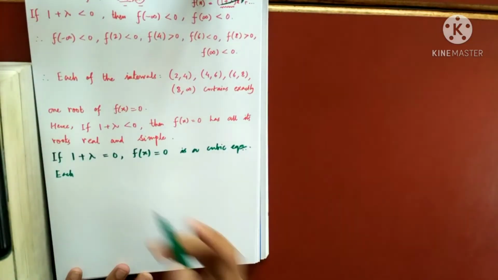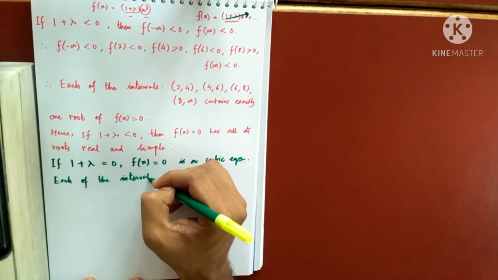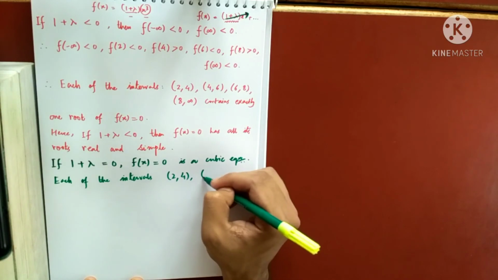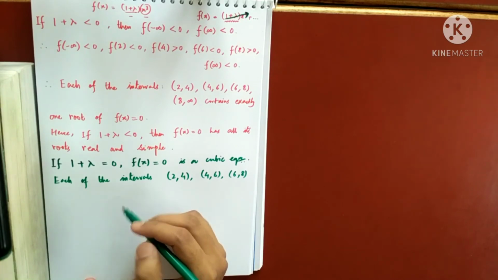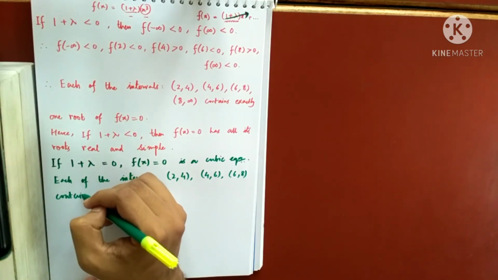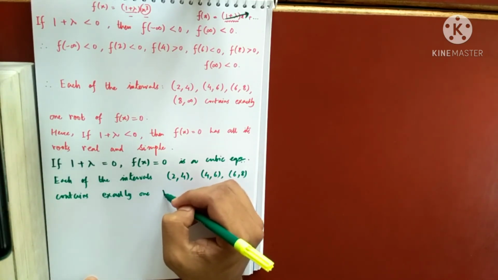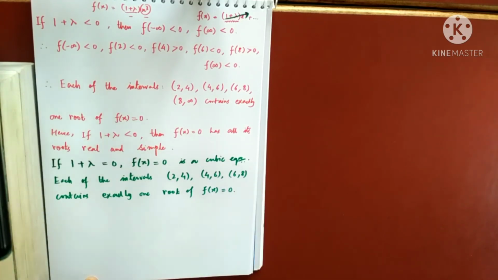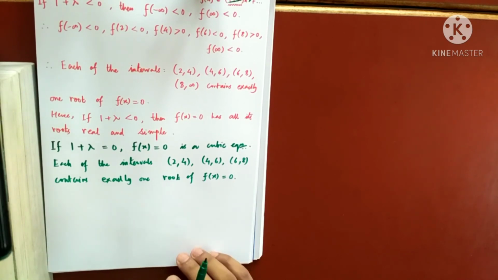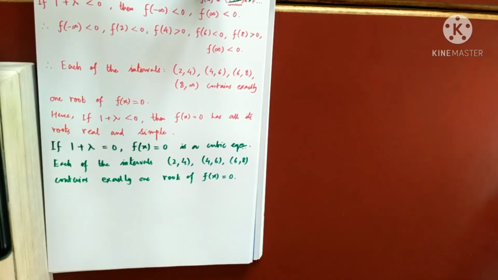So each of the intervals 2 to 4, 4 to 6 and 6 to 8 contains exactly one real root of f(x) equals 0. You can justify later on why exactly one. This time we were interested only in 3 real roots because it is a cubic equation. So 1 here, 1 here, 1 here. We are no more interested in this one.